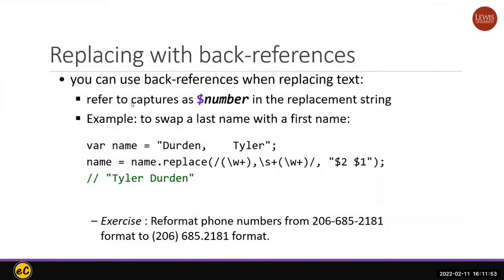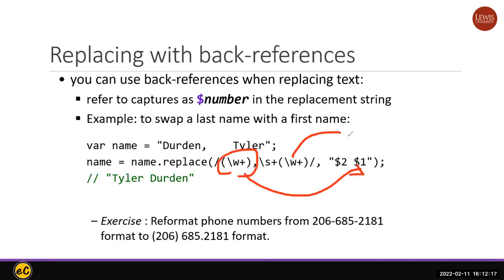So here we can refer to captures by numbers. Right here we replace the capture of one or more words, comma, one or more spaces, and then this. So this is the first capture, you put it here.